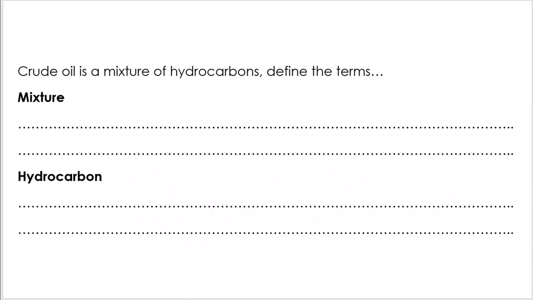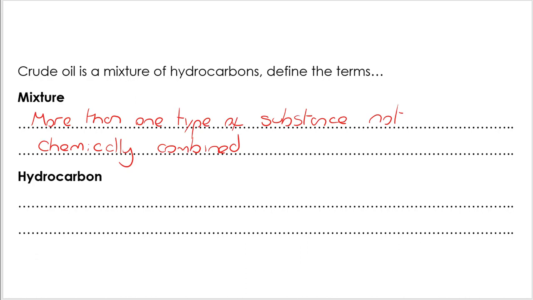A little bit of a recap on some key words here. Crude oil is a mixture of hydrocarbons. You need to know what each of those two words mean. Mixture takes you right the way back to key stage 3, and it has been discussed in earlier videos, in earlier topics, but it's where you've got more than one type of substance and they are together, but they're not chemically combined.